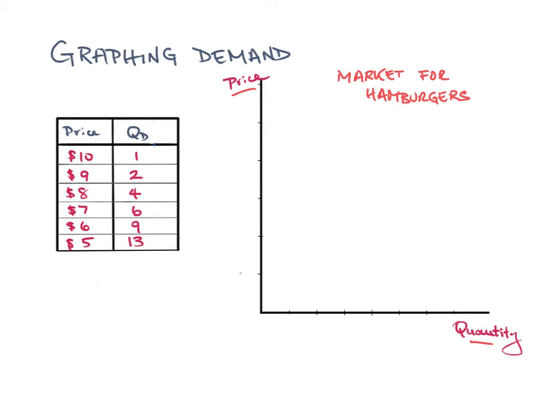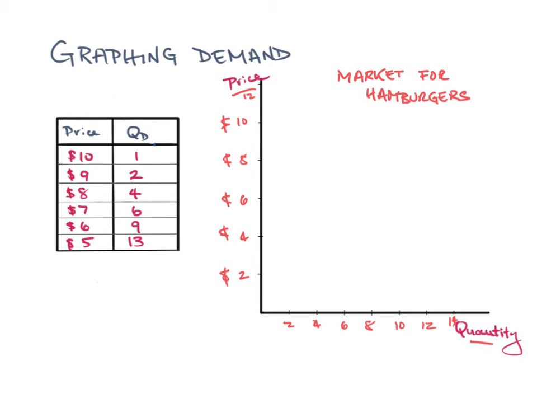Let's do like 2, 4, 6, 8, 10, 12 dollars. Okay, and then quantities. Let's see, 2, 4, 6, 8, 10, 12, 14. Okay, so it's going to be a graph.